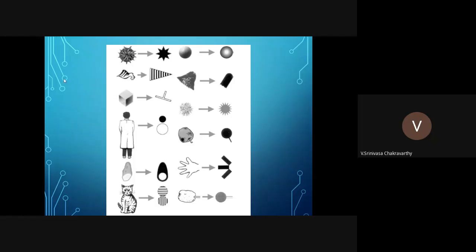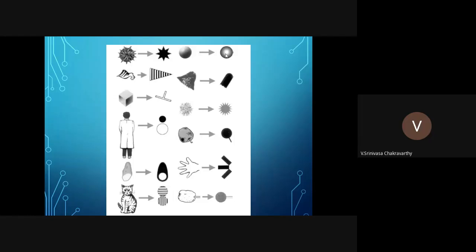Do you need all these details present in the object for the neuron to respond to it? What if I remove some details? Will the neuron still respond to it? What is the essence of that object which makes the neuron respond to it? To ask that question, they progressively reduce this object image and construct simpler and simpler versions of it, to a point where it becomes a very simple geometric primitive.